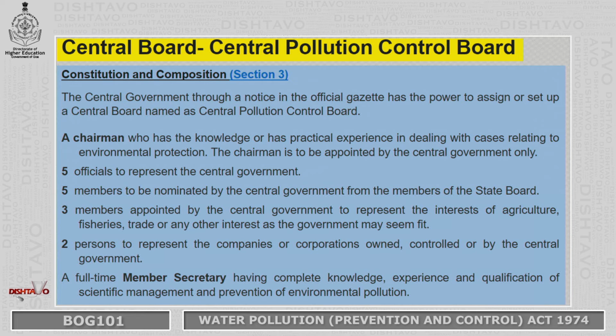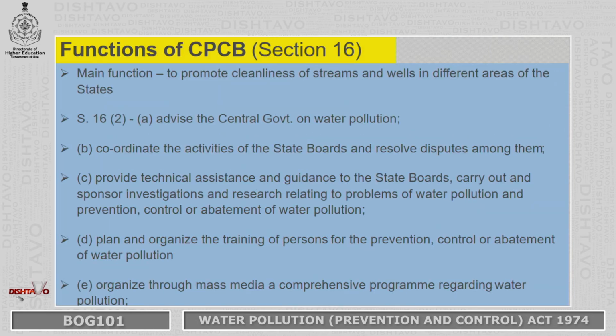And finally, a full-time member secretary. A member secretary has to be the one having complete knowledge. He has to have experience and qualification of scientific management and prevention of environmental pollution.